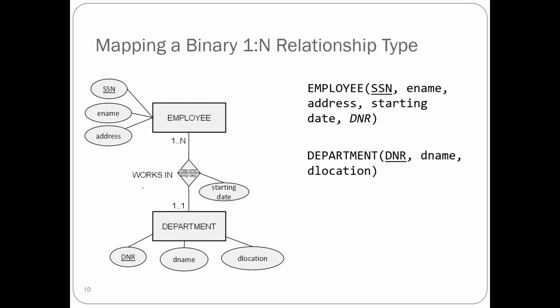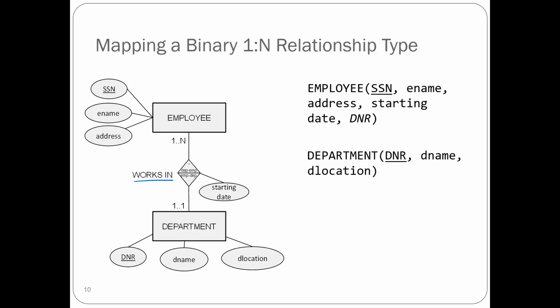And here the name of the relationship has changed now. Earlier we were probably using the same two entity types, but the relationship there was manages. An employee manages a department, but here it is works in. So an employee works in a department, and department has employees.